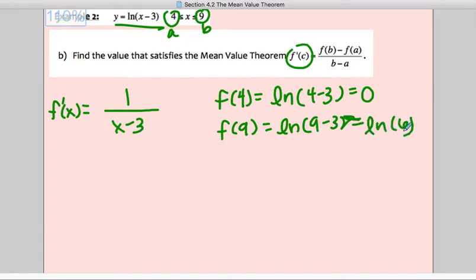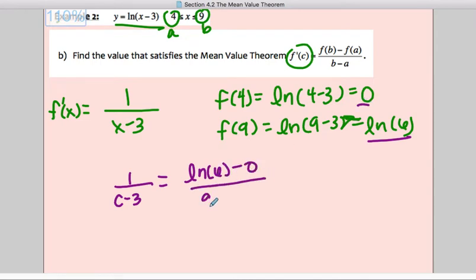Okay, so we're going to leave it as ln of 6. Okay. So now we're going to set it up. This is my derivative. This is my f prime of c. So I'm going to write down, we really have 1 over c minus 3 is equal to f of b minus f of a all over b minus a. So ln of 6 minus 0 over 9 minus 4.